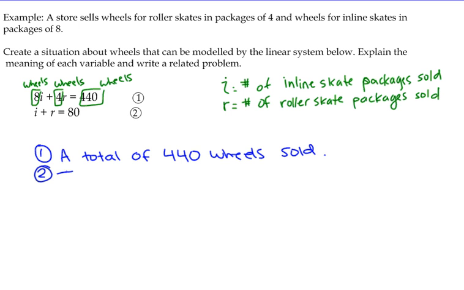So there's a total of 80 packages sold of both inline and roller skates. That's basically all you need to do for a problem like that in your homework. Tell me what your variables stand for and basically write out each equation as a sentence. What would that sentence have to be in order to get that equation?